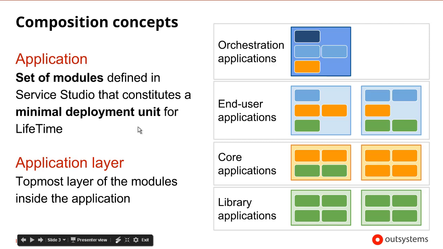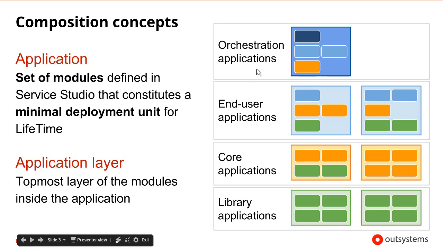Now, applications can also be placed into the 4 layers of the architecture canvas. Which layer we place the application in depends on the modules inside that application. The application layer that an application belongs to is the topmost layer for any of the modules inside of that application. So in each of the examples to the right, we can see that the top level module in the application defines the layer that that application is placed in.